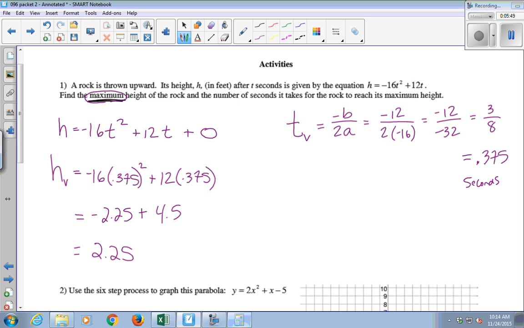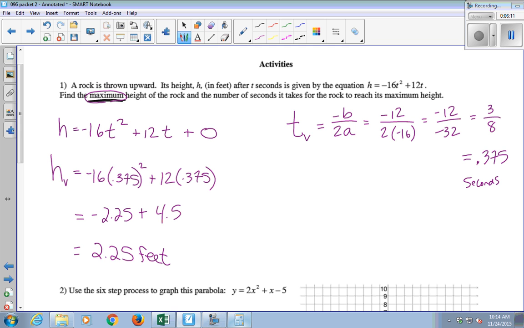And what are the units on h? That is the maximum height. How are we measuring height in this problem? Yep, feet. Yes, 2.25 feet.